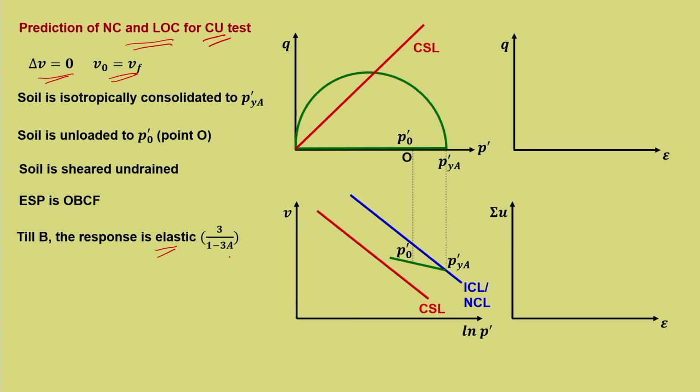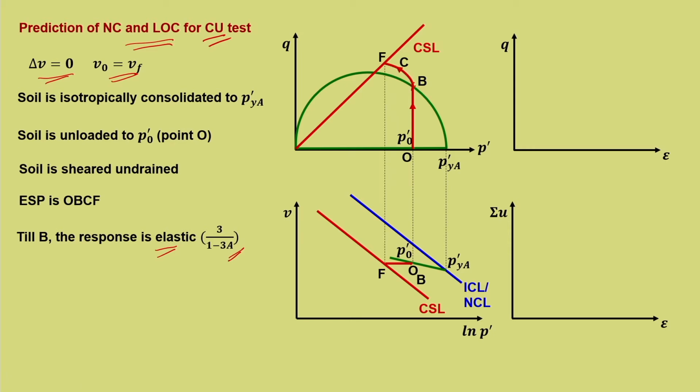Again I will not discuss this because the slope is 3 by 1 minus 3a, where a is equal to 1 by 3. So, it takes the path upwards till it yields at point B. O and B is the same point here also. Then it fails at the critical state line, that is at F.